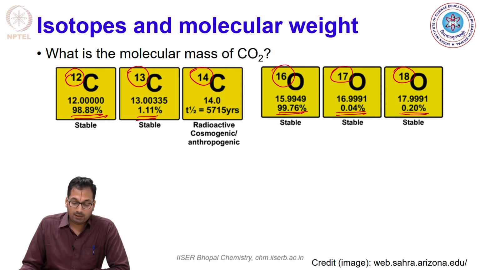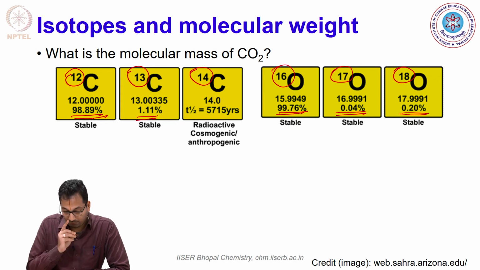The previous slide showed you the calculation of molecular weight, assuming that the isotope of carbon is C12 and that of oxygen is O16. Now let's take a look at the fact, what if we consider the population weighting.